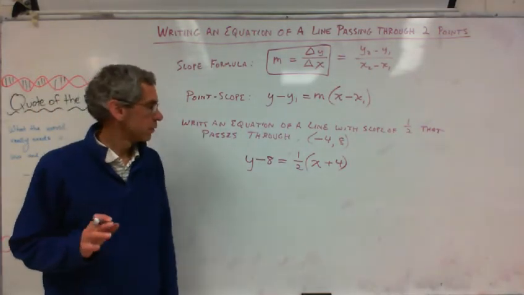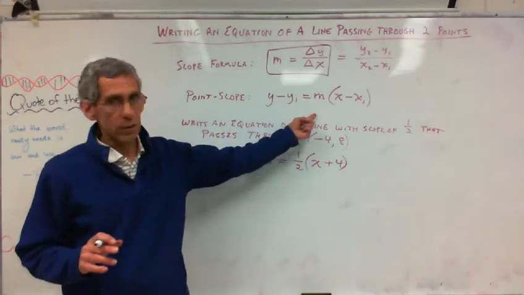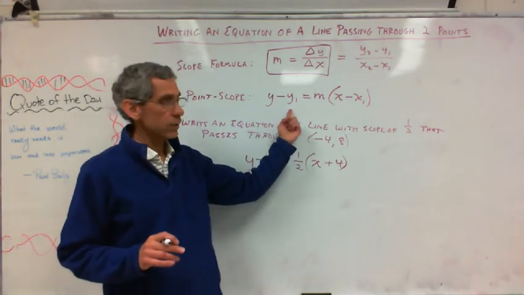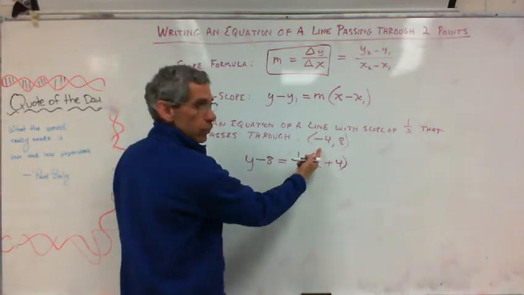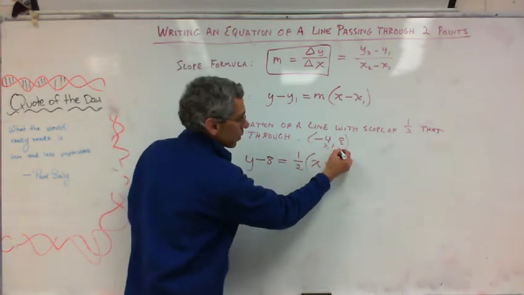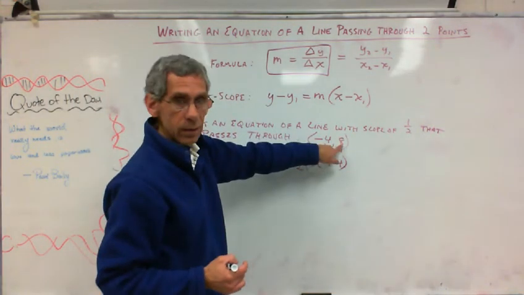So we're basically just using the same formula. This is called the point slope formula. And this point is actually an x1, y1. So when I see y1, I'm going to put this in.